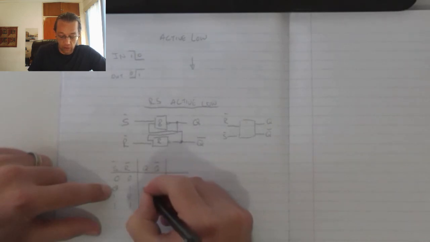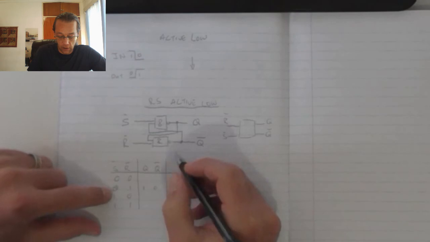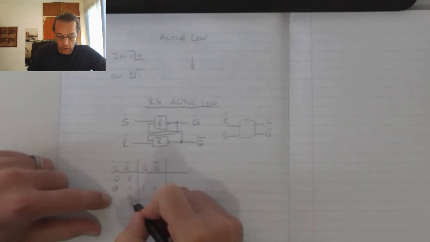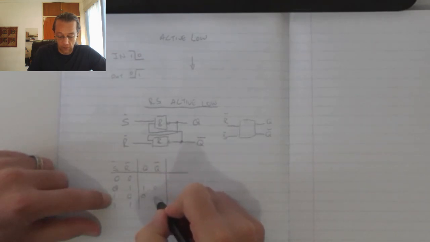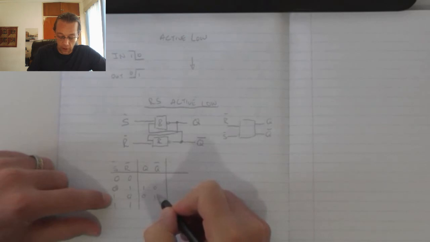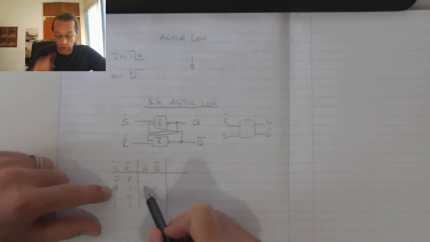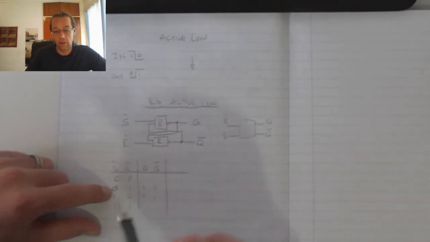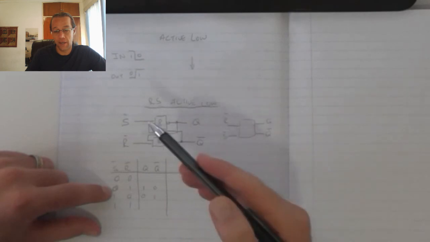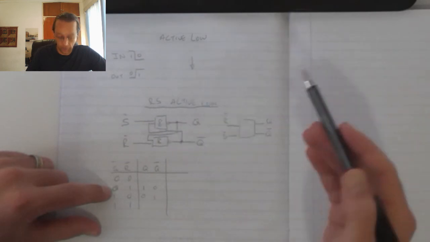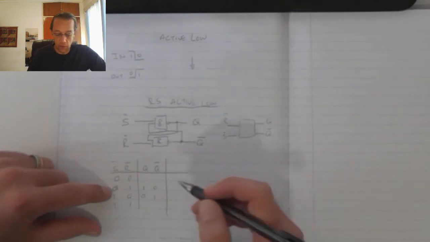So set and reset are equal. So that's a 0 and that's a 1, 0 and 1. Apologies, the input on the set is equal to Q. Very important to remember, S and Q are always the same.